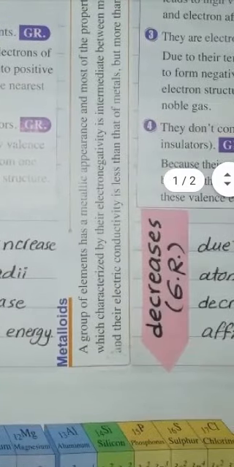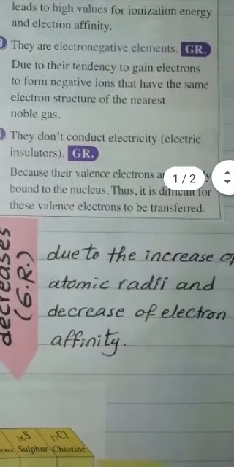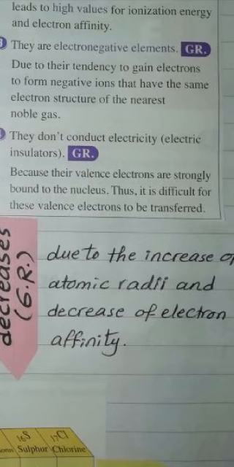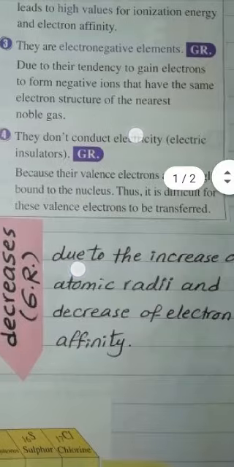On the other hand, nonmetals are bad conductors of electricity. They are known as electric insulators because they have a small atomic radii, so their valence electrons are strongly bound to the nucleus and difficult to be transferred from one position to another.